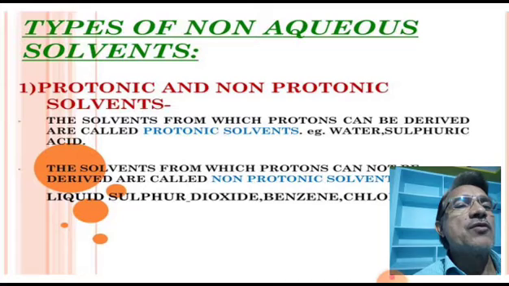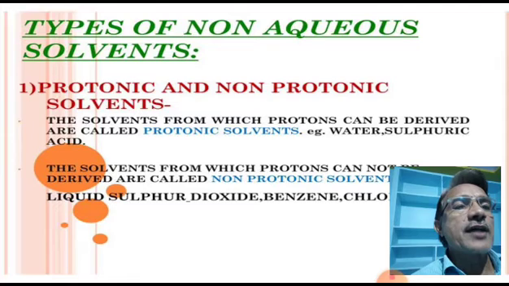Example: water, H2O. Water can produce a proton on ionization. Therefore, water is called a protonic solvent.